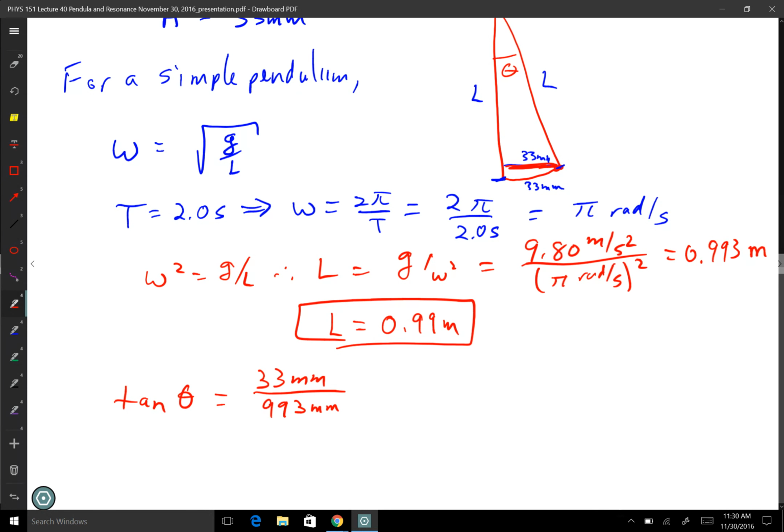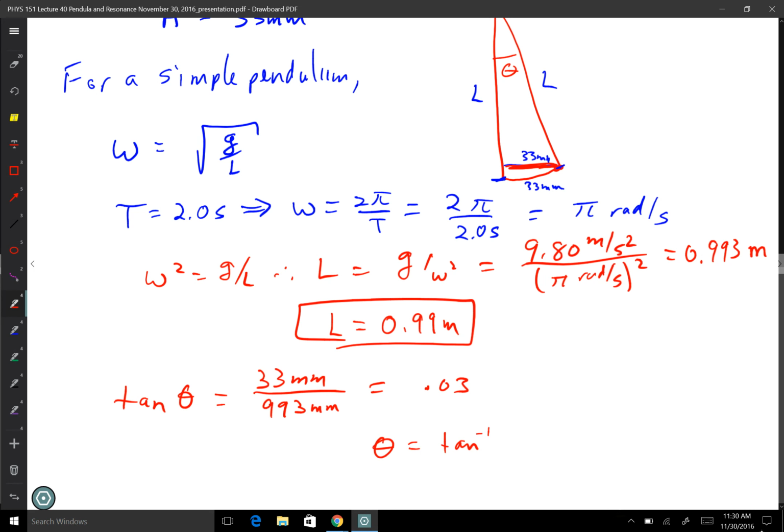Notice I put the non-significant digit in so I don't throw away anything. And that's like what? 0.03 or so? So having that 0.03 for tangent of my angle, what is the angle going to be? Oh, it's 0.03 radians.